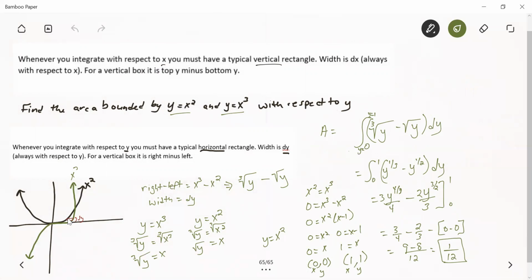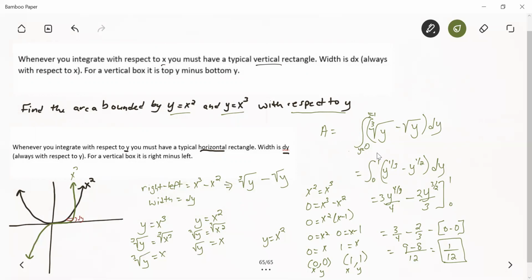You can do your typical horizontal rectangle and do it with respect to y, or you could do it with respect to x and have the typical vertical rectangle. Okay, so unless it specifically spells out with respect to x or y, you're still going to get the same answer, but your area formula will look a little bit different depending on if you go with respect to x or with respect to y.